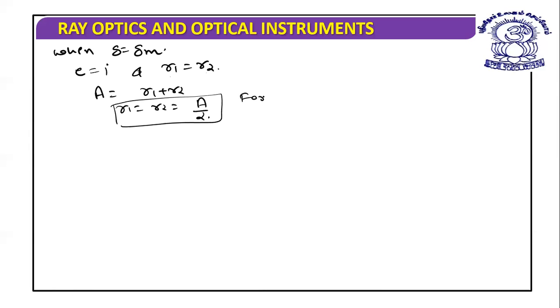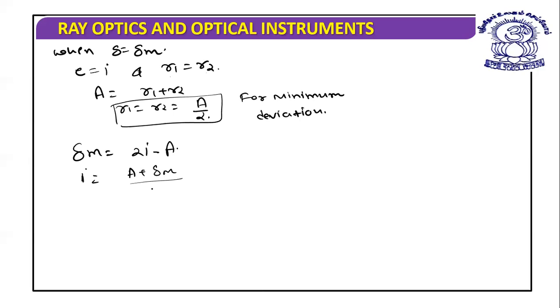This is for minimum deviation. And the minimum deviation is 2I minus A. So angle of incidence can be written as (A plus minimum deviation) divided by 2.